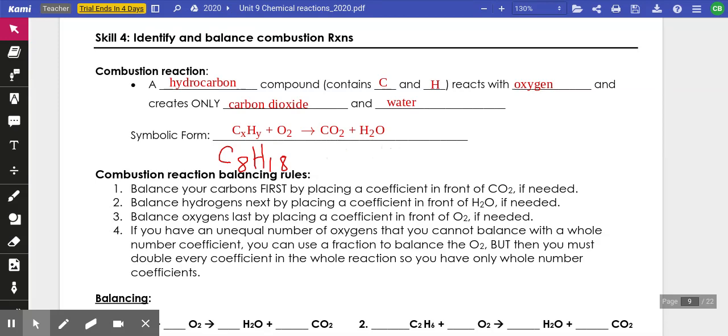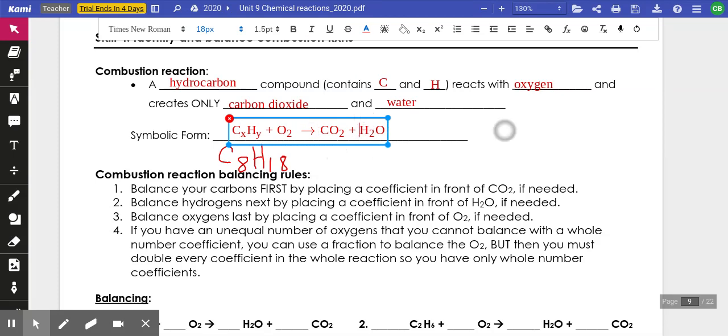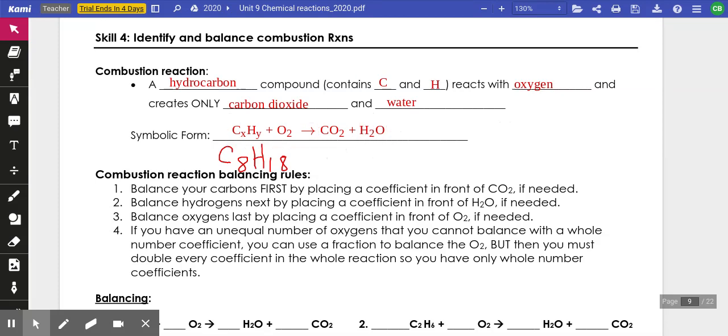On the reactant side, you have carbons, hydrogens, and oxygens, and on the product side, you also have carbons, hydrogens, and oxygens. But there's some oxygen from the water, and then there's some oxygen from the CO2. That is what essentially will make balancing this slightly more difficult than any other normal reaction we've done.